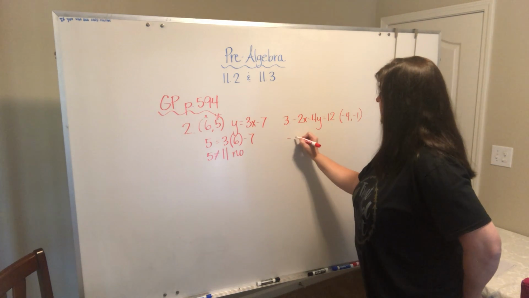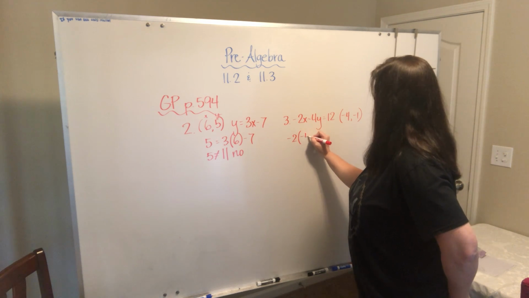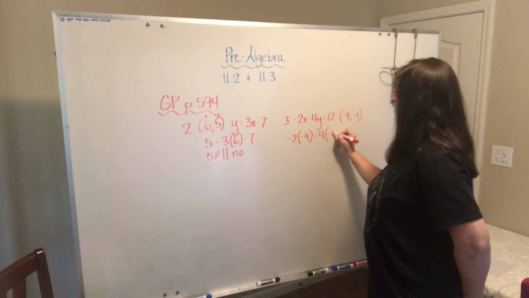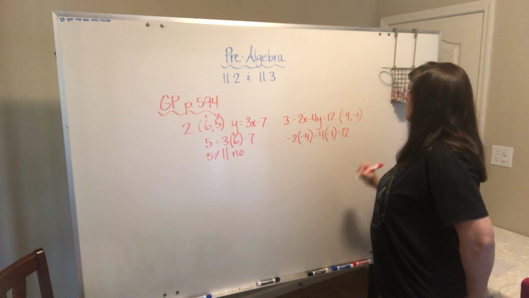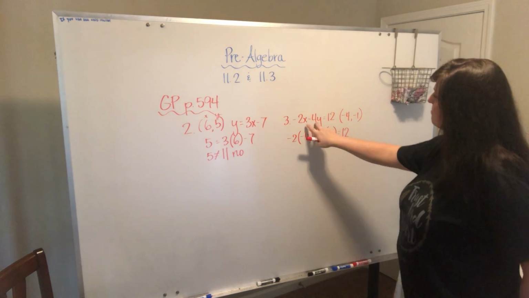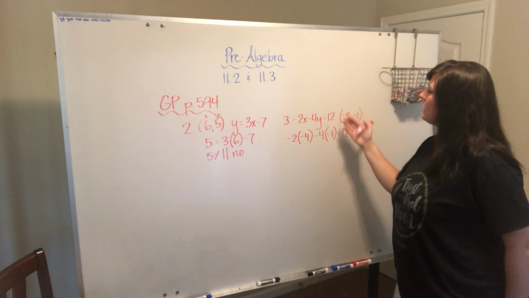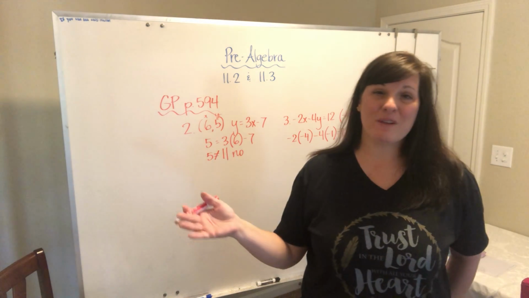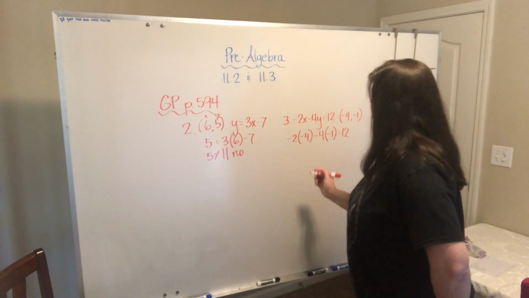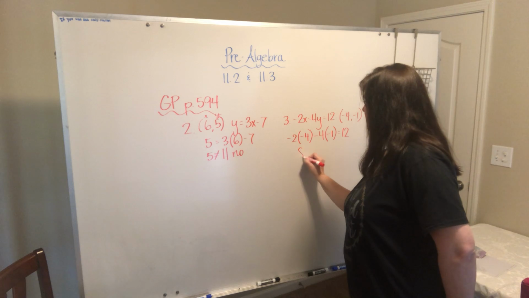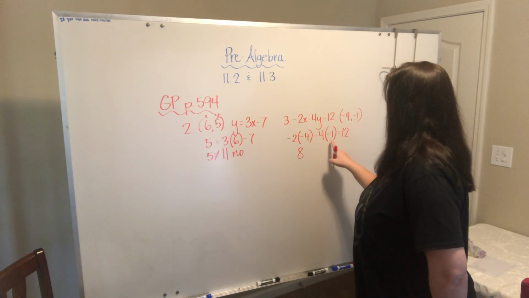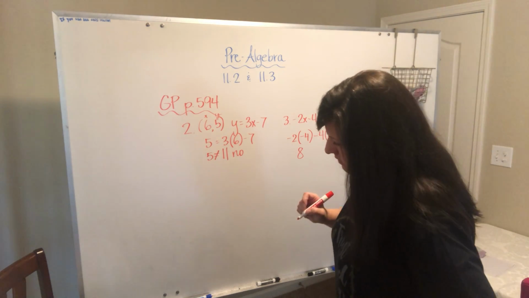So here I have negative 2 times negative 4, again watching your signs, minus 4 times negative 1 equals 12. You'll notice here it was y equals something. Here you had both variables on the same side and a constant on the other. It's okay, you'll be able to figure it out regardless of where that equal sign is. Negative 2 times negative 4, my smart pre-algebra students are going, oh, that's 8, okay? And then I have negative 4 times negative 1, okay?